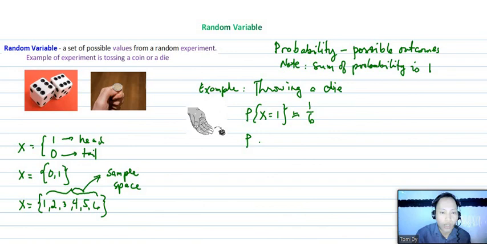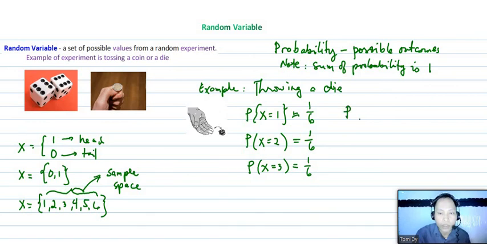Now, how about the probability when x is equal to 2? If you have noticed, there's only one number 2 in our sample space, so we have 1 over 6. Take note, over 6. 6 is the total sample space here. How about the probability when x is equivalent to 3? We only have one number 3 in our sample space, so 1 over 6.